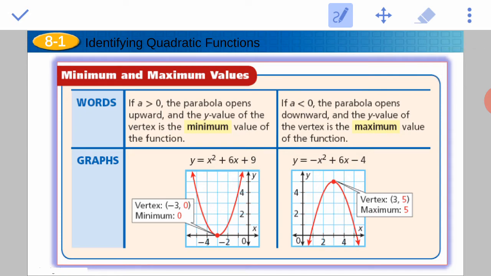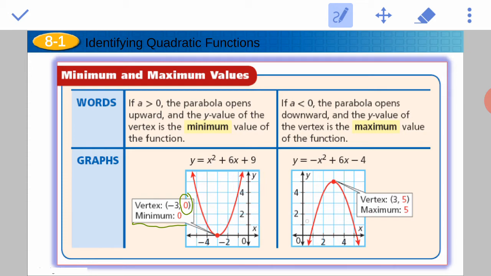The second skill you need to learn today, guys, is minimum and maximum values. If the parabola opens upward like this, the vertex is the least point of the graph. It's the minimum point of the graph. And the y-coordinate of the vertex, this 0, is called the minimum value of y. This is the least y value you would ever find in this situation.